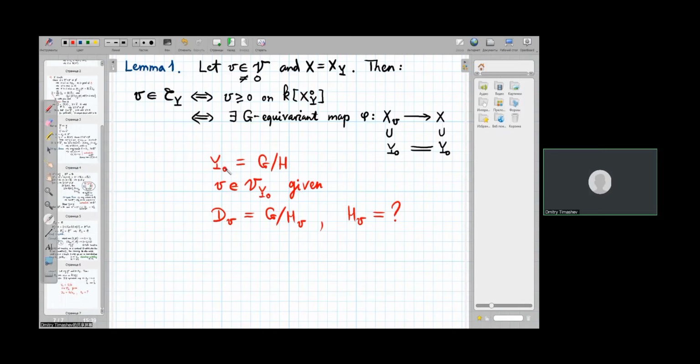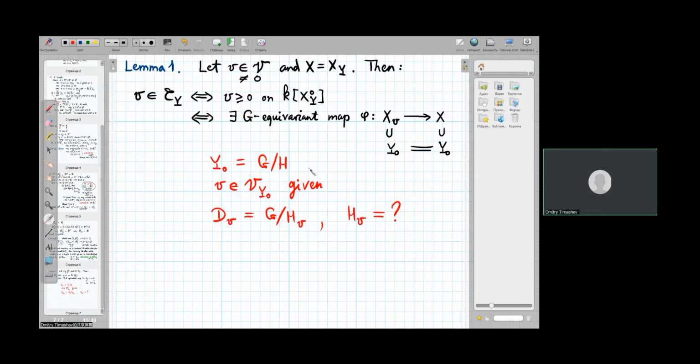I don't want to go deeper into it now, but such a classification exists. And from this combinatorial data, you can derive the combinatorial data for this orbit. And backwards again, from this combinatorial data, you can derive what is H_V. But this is indirect. I cannot give you a very simple answer.